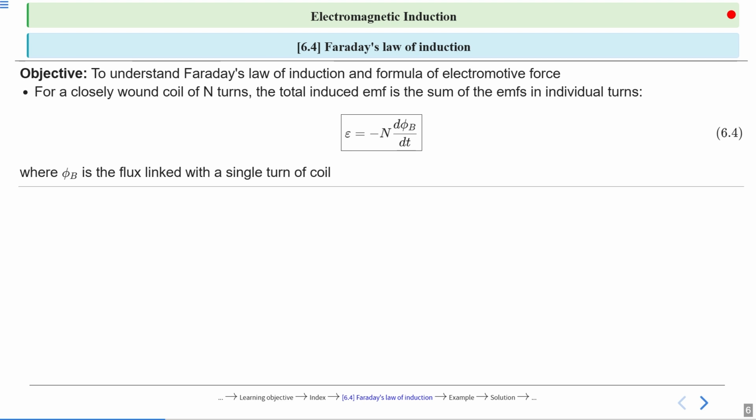If we are multiplying the flux with n, then the EMF can be found using minus d phi by dt. We don't have to multiply the EMF with n if we are using the flux for n turns. But if we are calculating flux for only a single turn, then to find the EMF in all the turns, we have to multiply the formula by n. So either you multiply n in the EMF formula, or you multiply n in the flux formula.